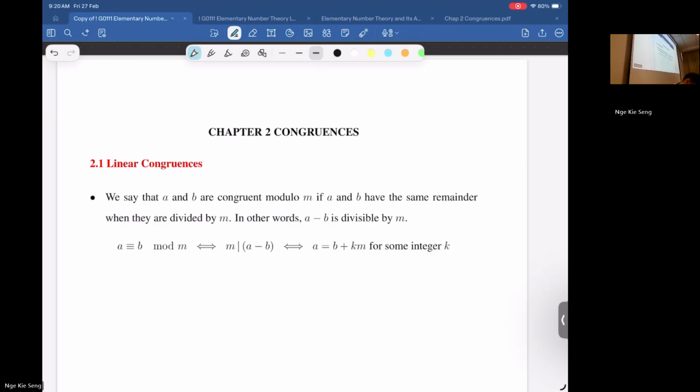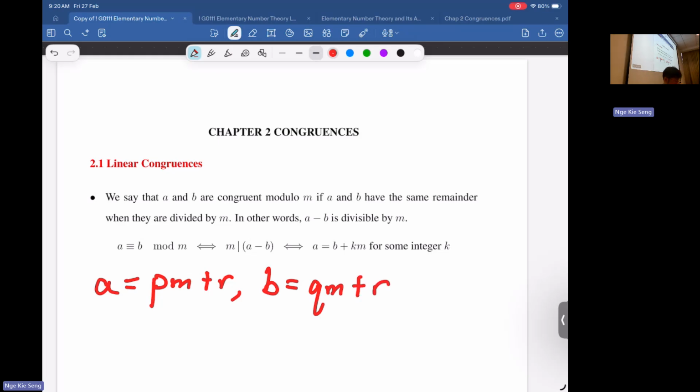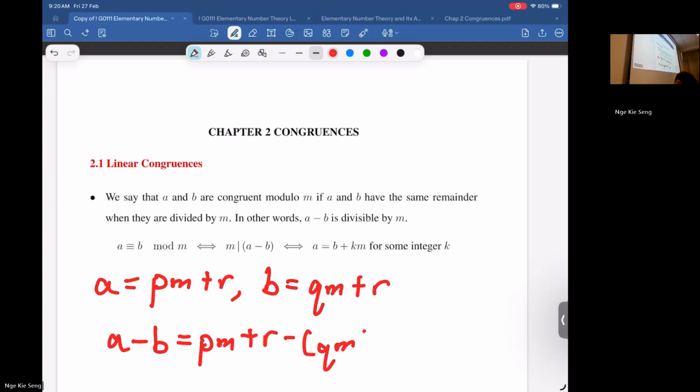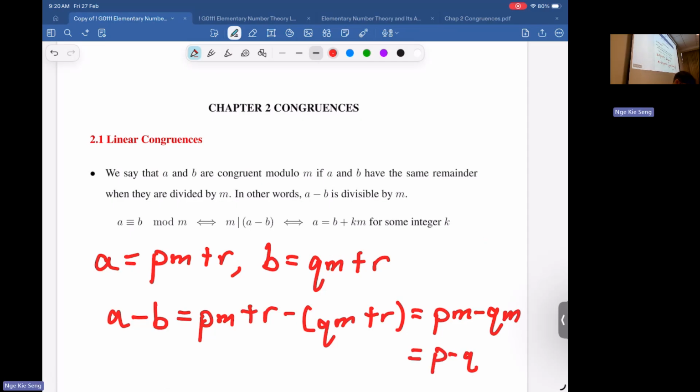So for example, a equals pm plus r, and b equals qm plus r. They have the same remainder. Then a minus b will remove the remainder r, so that you're left with pm minus qm, which is just (p minus q) times m, so that it is divisible by m.